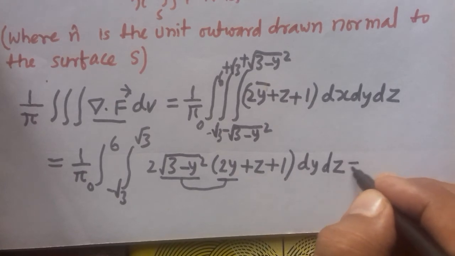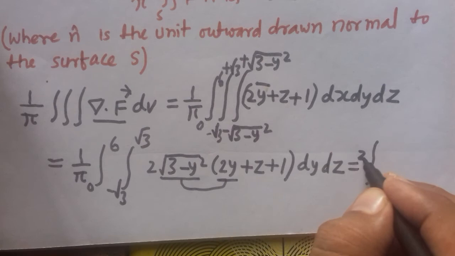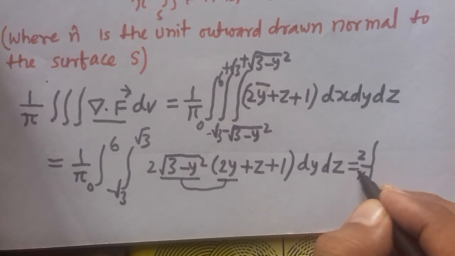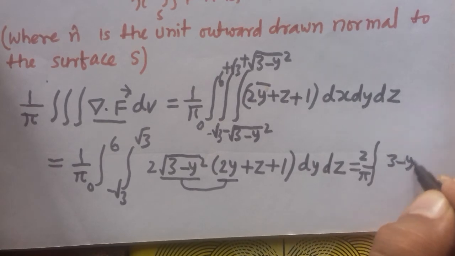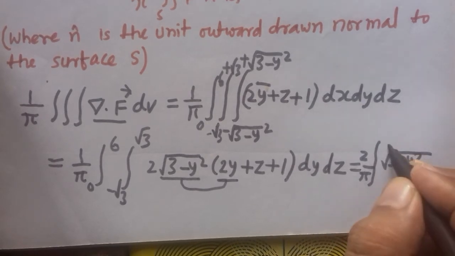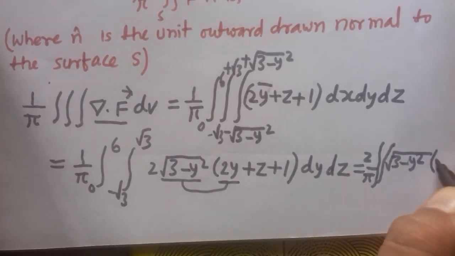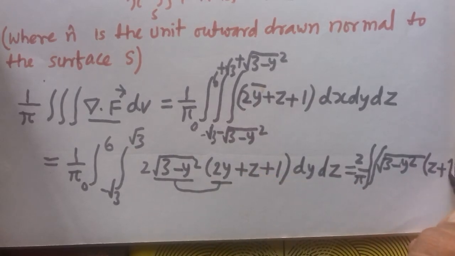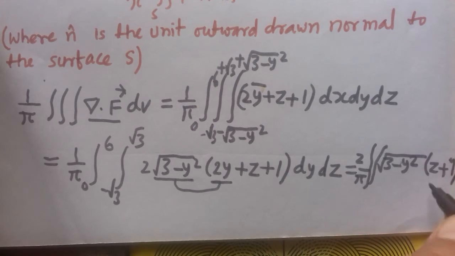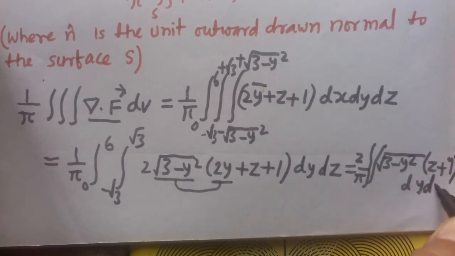So the next step will be, this 2 comes out, 2 by pi, and the remaining thing will be 3 minus y square, double integration, and this z plus 1, and here will be dy dz.